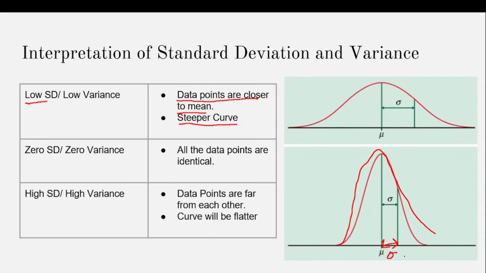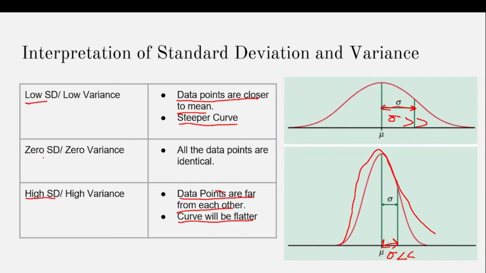This standard deviation is very small. That's why I'm getting a steep curve. But if my standard deviation or variance is high, in that case, my data points will lie far from each other. Or I can also say my curve will be flatter, as in this case, the standard deviation value is quite large. That's why my curve is flatter.